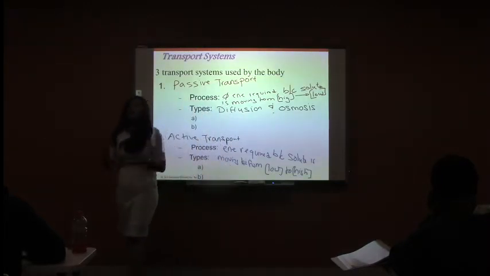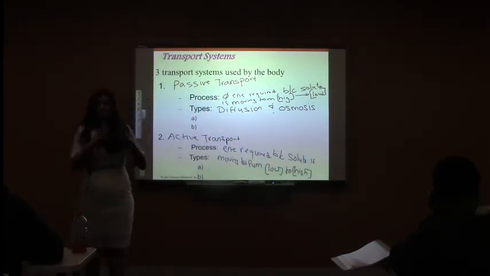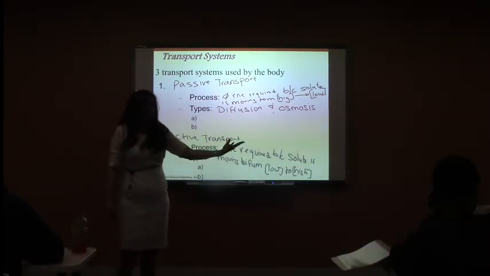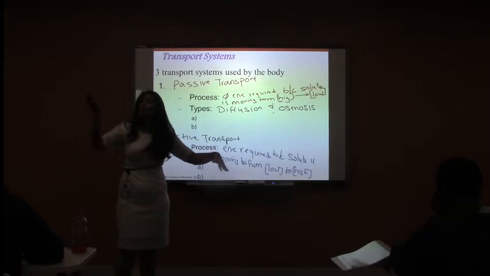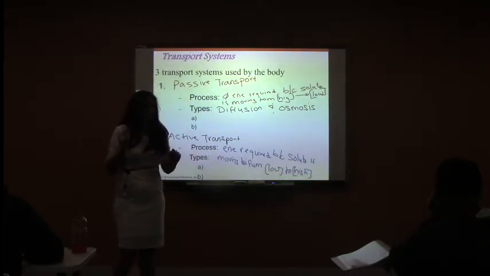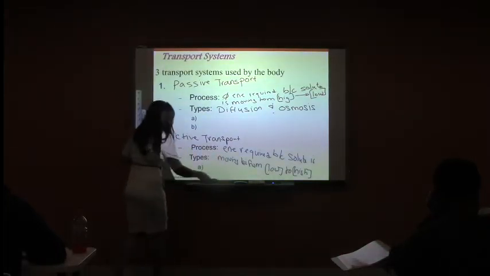Okay? So active and passive transport are complete opposites. Okay? Passive, no energy required. Active, energy required. Why is passive no energy? Because solute is going from high to low. Whereas in active, it's going from low to high. Make sense? You have two types.